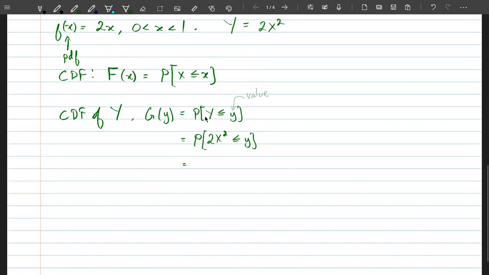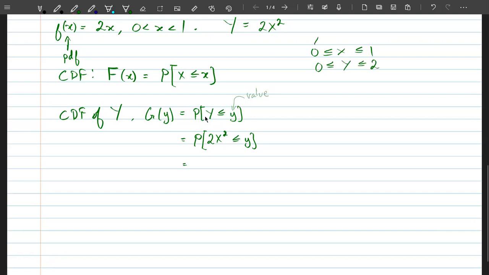Let's first look at the range of Y. If X is between 0 and 1, for non-zero probability density, we must have X between 0 and 1, right? So for non-zero probability density of Y, we must also have 0 less than or equal to Y less than or equal to 2, because Y is 2X squared.